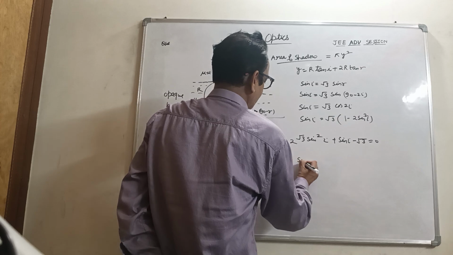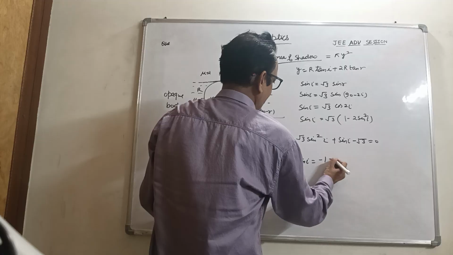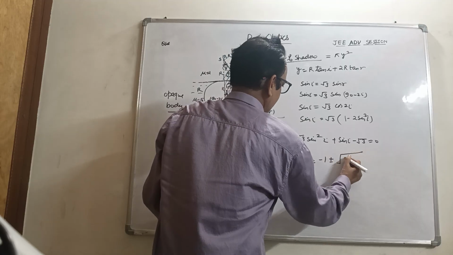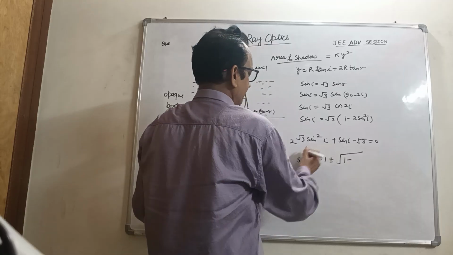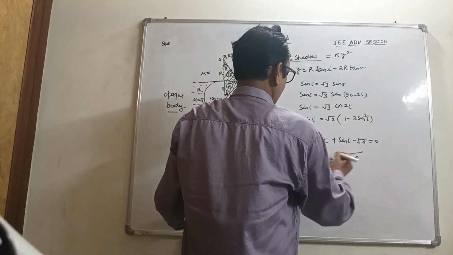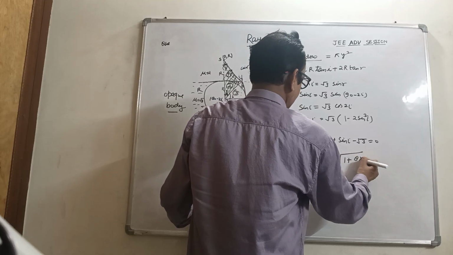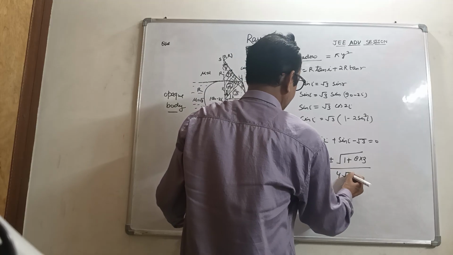So sin i would be minus b plus or minus the square root of b square minus 4ac, upon 2a. Here b square is 1, and 4ac is 4 times 2 root 3 times root 3, which is 24. So this becomes 25, whose root is 5, and 2a is 4 root 3.